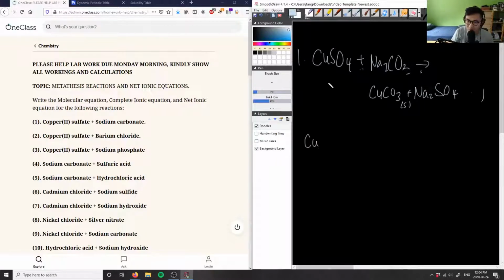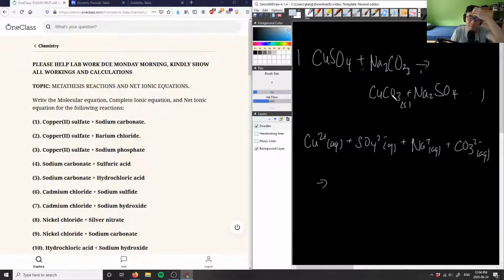So I'm going to have Cu2+ aqueous, and they're all in solution, plus SO4 2 minus, also aqueous, plus Na+ aqueous plus CO3 2 minus, which is aqueous. And I'm going to get simply copper carbonate here because this is not in solution, right? This is going to be our precipitate. So this is CuCO3 solid plus, again, Na+ and SO4 2 minus here.